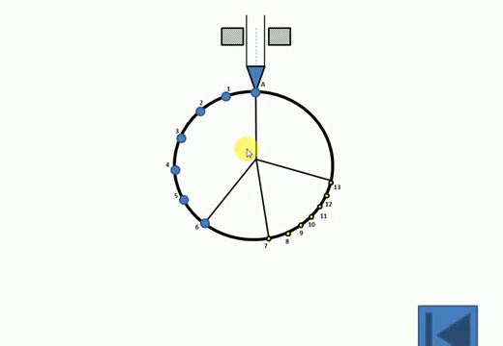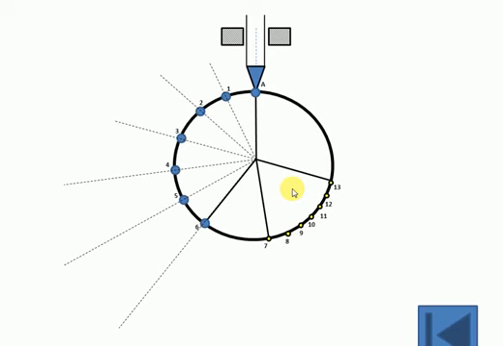Now from the center and point 1 we'll draw a straight line which passes from the center through point 1, and in the same way we'll draw lines from the center passing through points 2, 3, 4, 5, 6 and in the same way 7, 8, 9, 10, 11, 12 and 13.